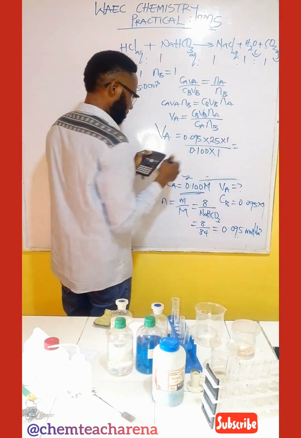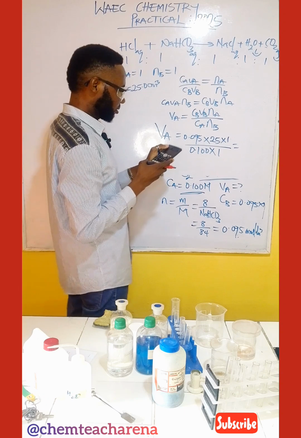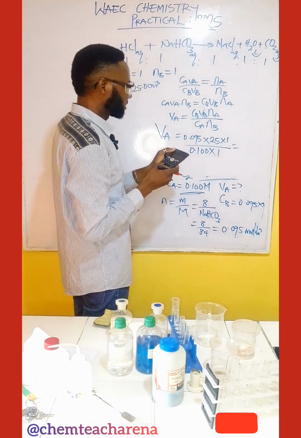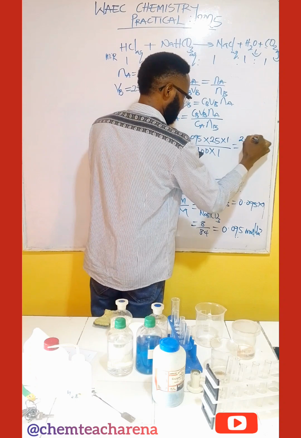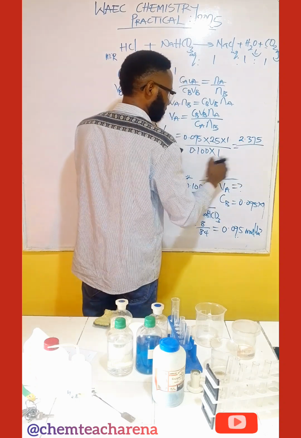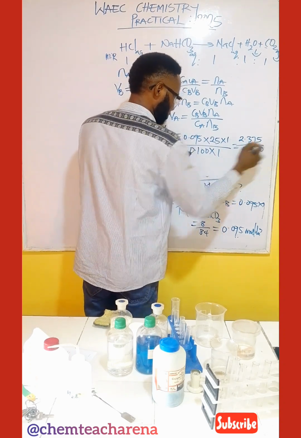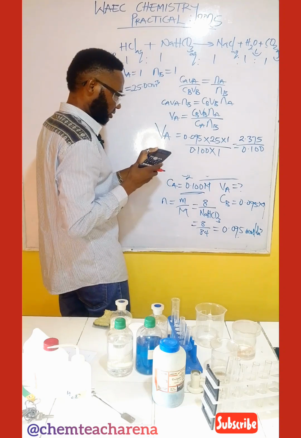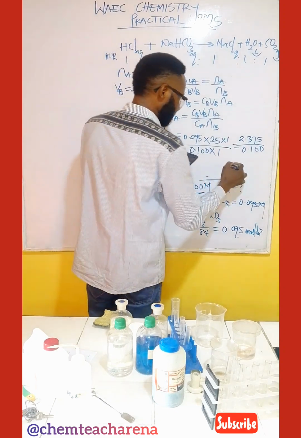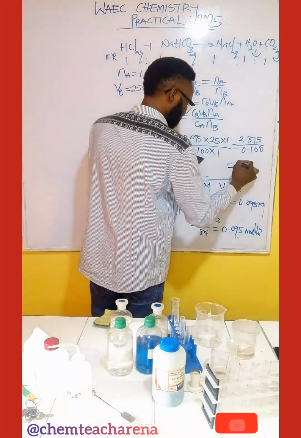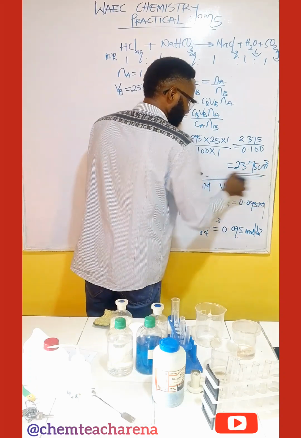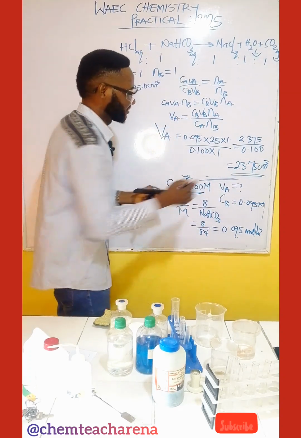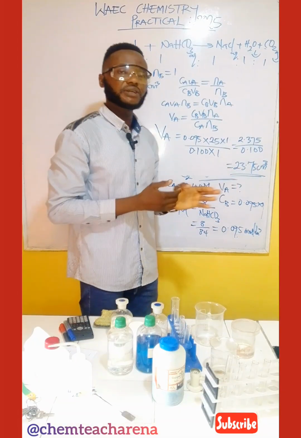So let me quickly do 0.095 times 25 times 1, which is 2.375, all over 0.100. Then divide by 0.100. Our Va is 23.75 cm cube.